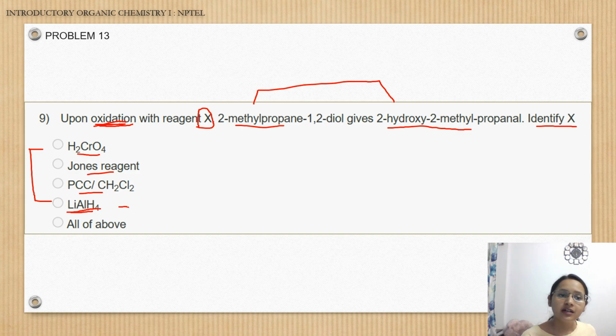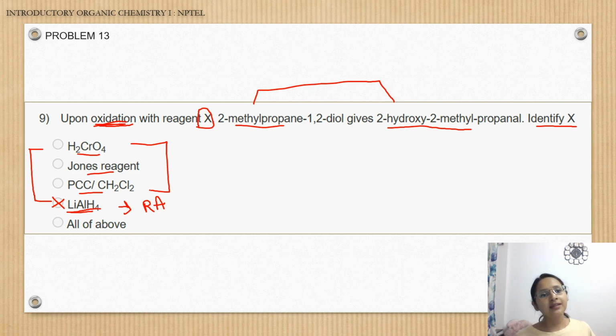It is a reducing agent rather than an oxidizing agent. It will reduce, it doesn't oxidize. So that is why this option is getting eliminated, and you end up having these three options in hand. So is it chromic acid, Jones reagent, or the PCC?